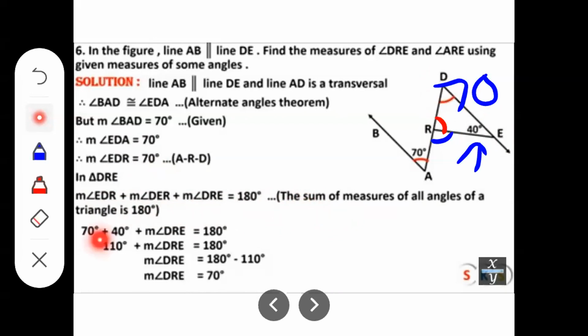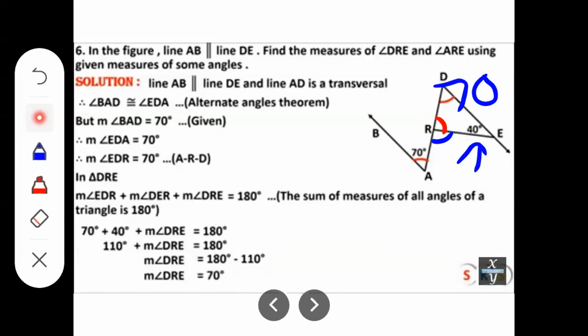Put up the value that D is 70 degree, E is 40 degree, and third one as it is because we have to find its value. Do the calculations. By that calculation, angle DRE, we got the value that is 70 degree. Okay, so 70, 70 and 40, those are the three angles of a given triangle.